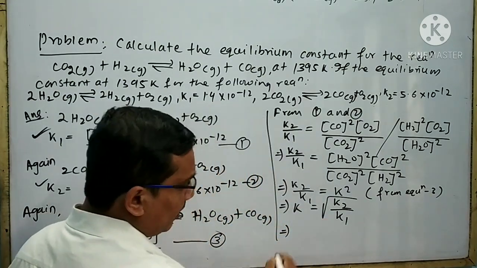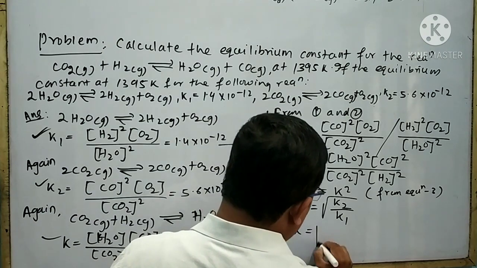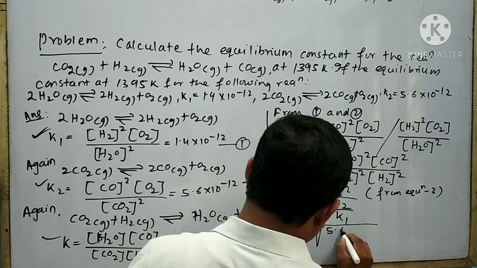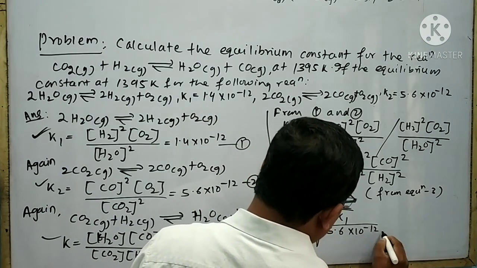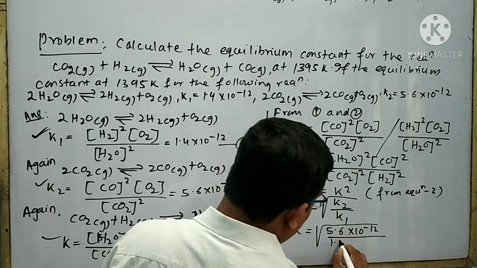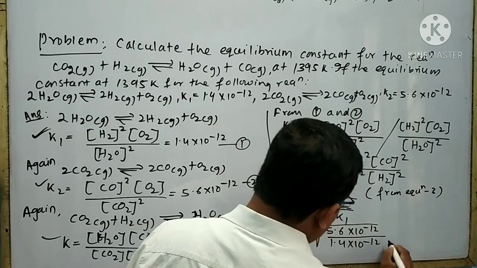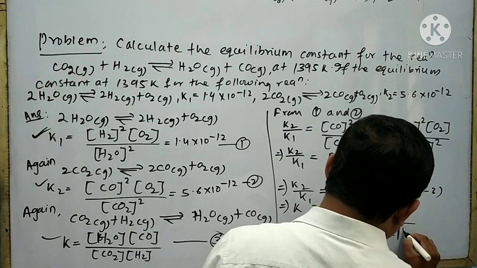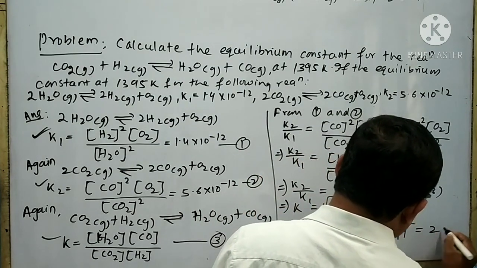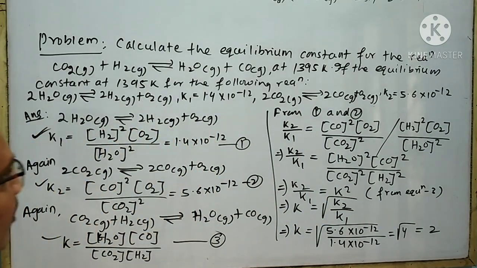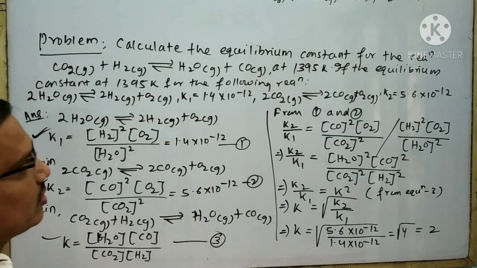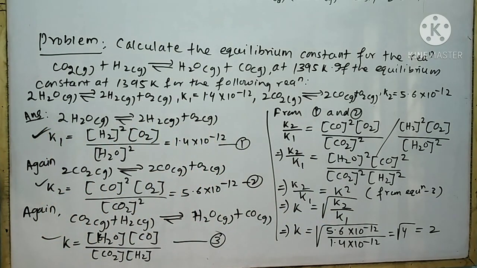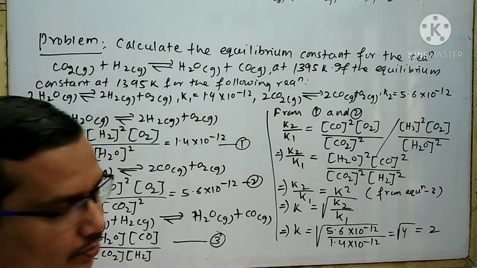Then I can write K equal to root over of 5.6 into 10 to the minus 12 divided by 1.4 into 10 to the minus 12. After solving, I can write K equal to root over of 4, which is equal to 2. In our question, we had to find out the equilibrium constant. So the equilibrium constant is 2.